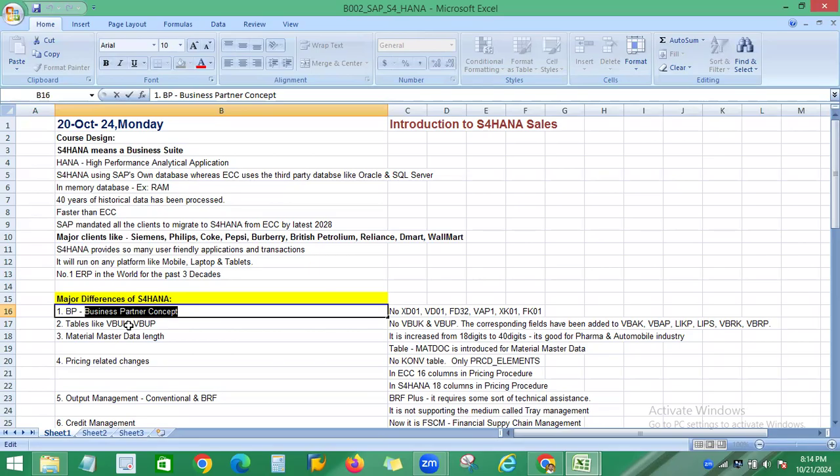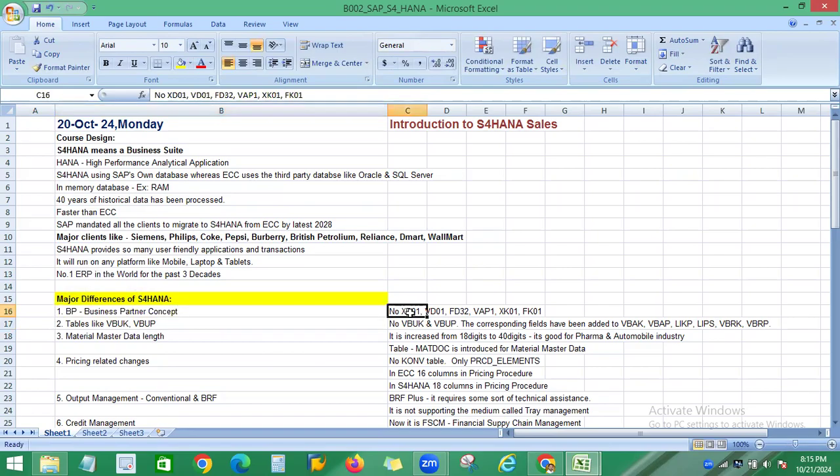However, there is more exposure in SAP S/4HANA, because in ECC we are using individual T codes.